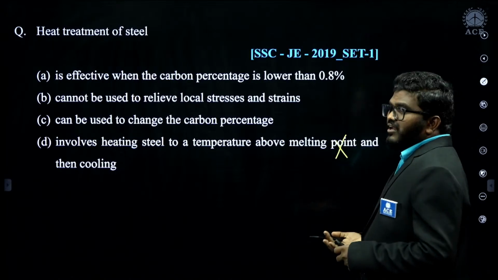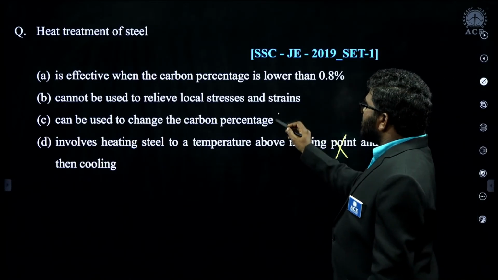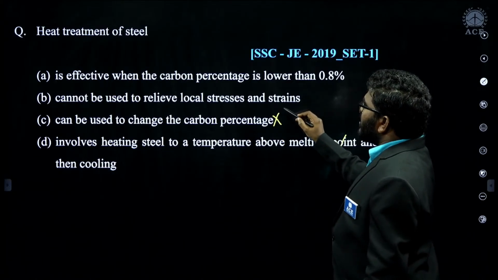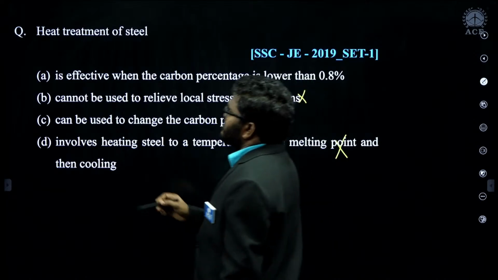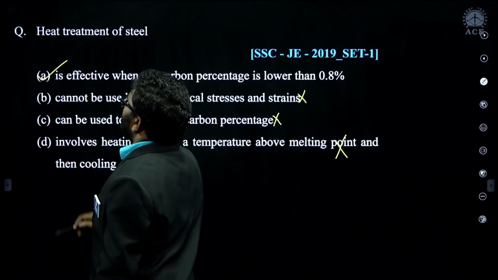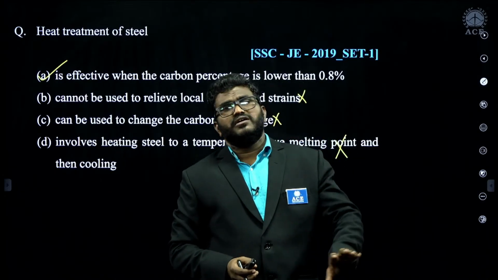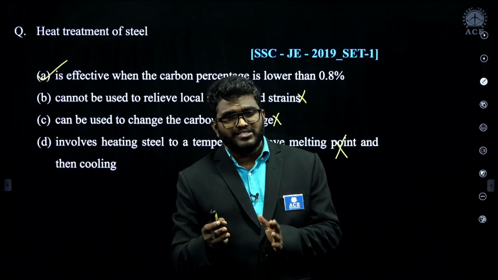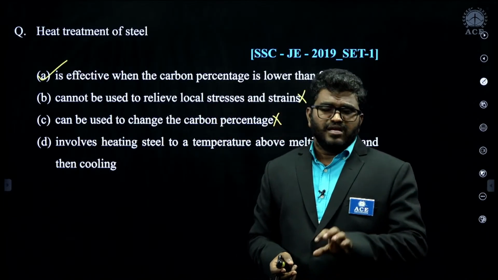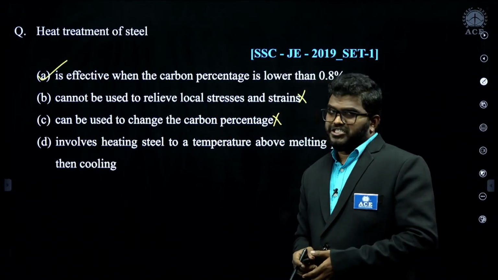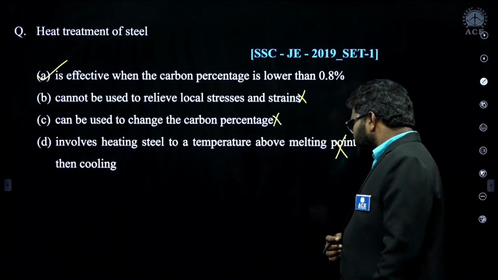No, we are not heating the material above the melting point temperature. These are not correct. So the most appropriate answer for this question is A. Heat treatment of steel is good up to 0.8 percent carbon. Above that, because of the higher carbon percentage, the properties may not improve much.